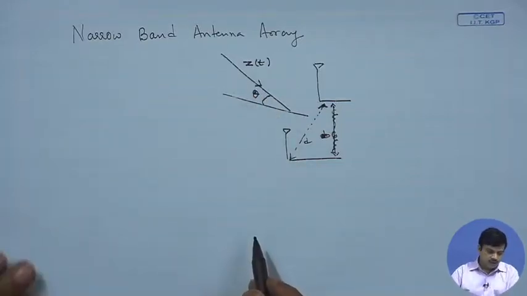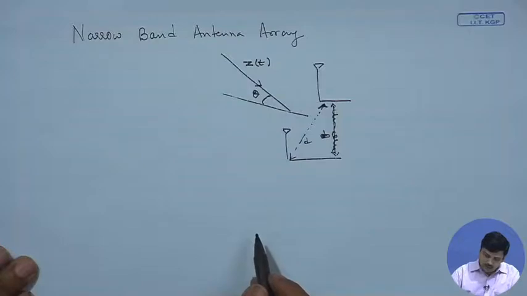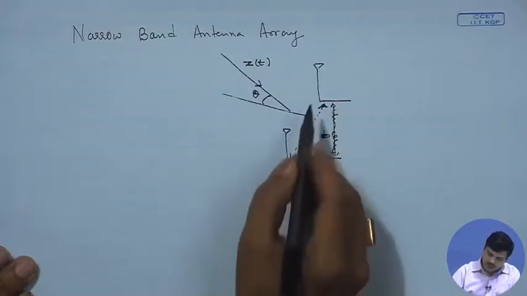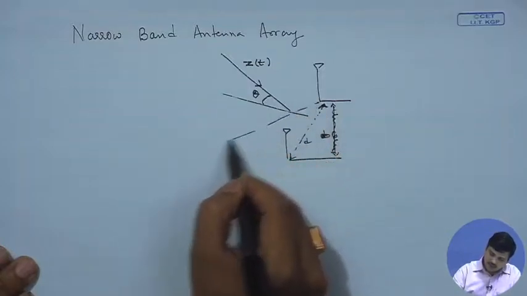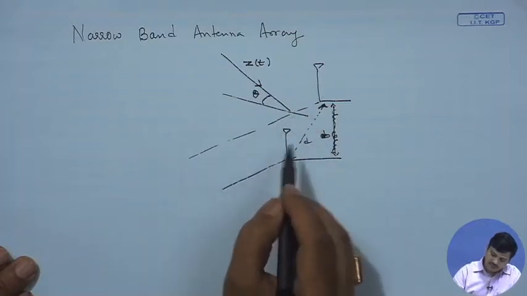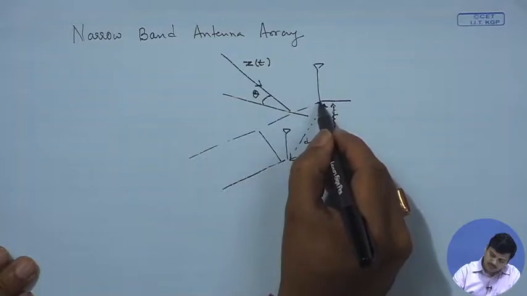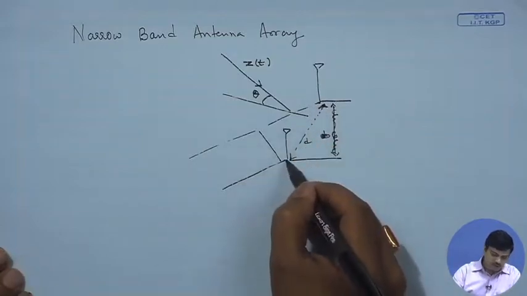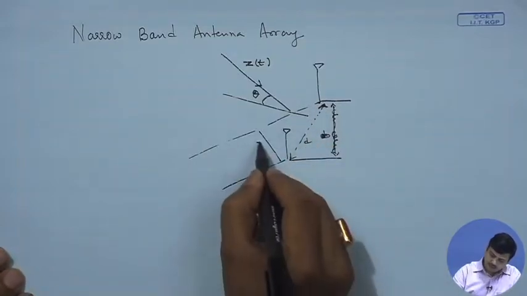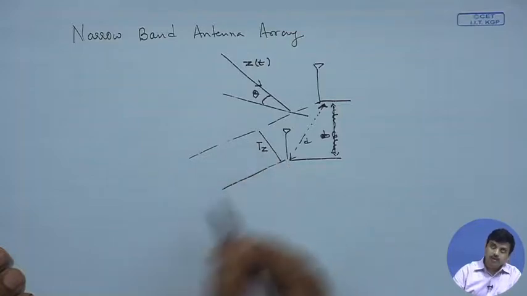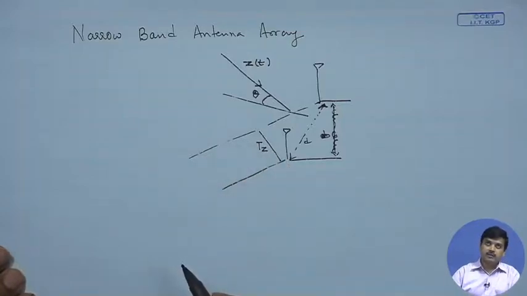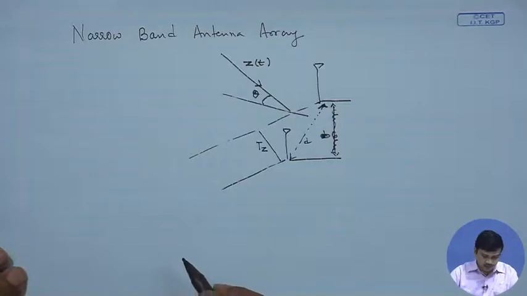So, clearly what we can see is that it takes a certain amount of time from the time the ray reaches the first antenna to the time it reaches the second antenna, and let this be denoted by Tz. So, this is the extra amount of time that it takes in propagating.